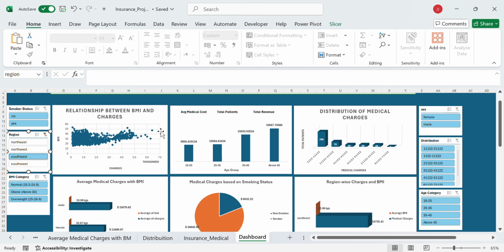Yes, the relationship with BMI is almost the same for this. So in most of the areas, 35 to 45 is evidently high, along with above 45, which means that value comes to 19,565.